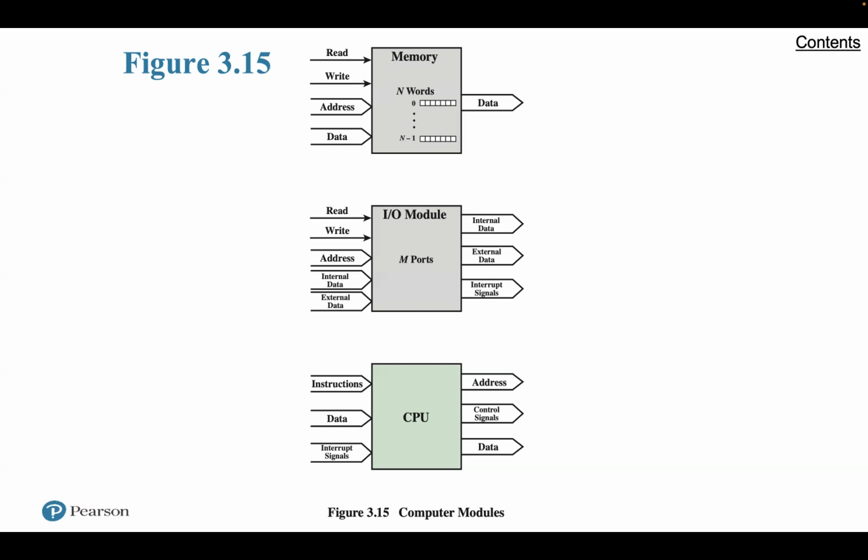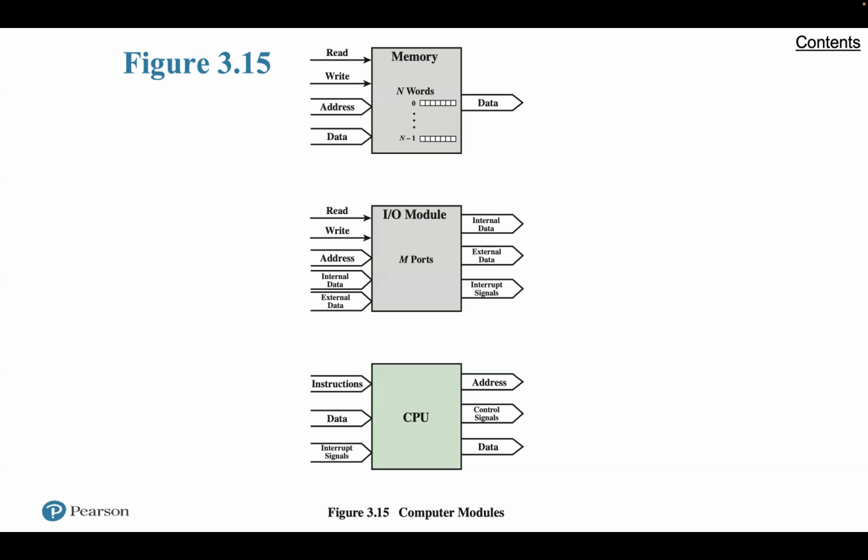For I/O, from an internal point of view, I/O is functionally similar to memory. There are two operations, read and write. Further, an I/O module may control more than one external device. We can refer to each of the interfaces to an external device as a port and give each a unique address.